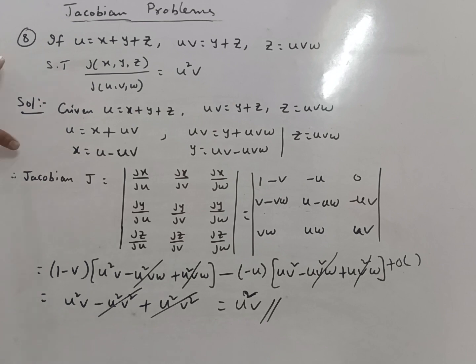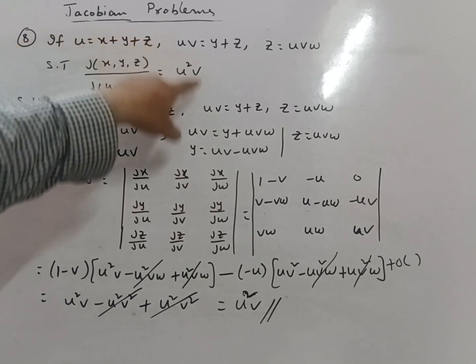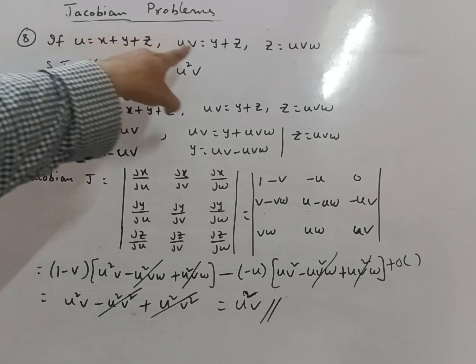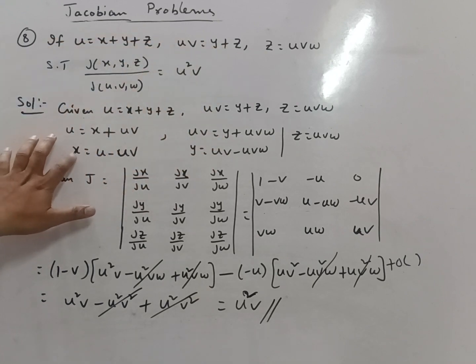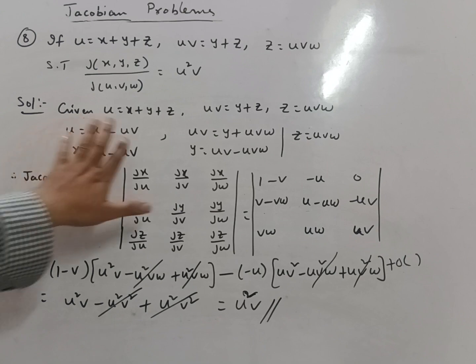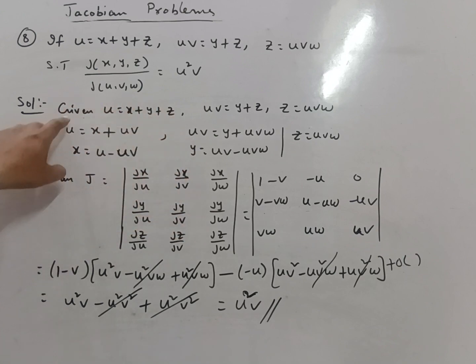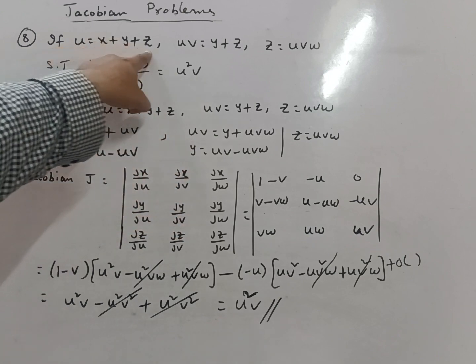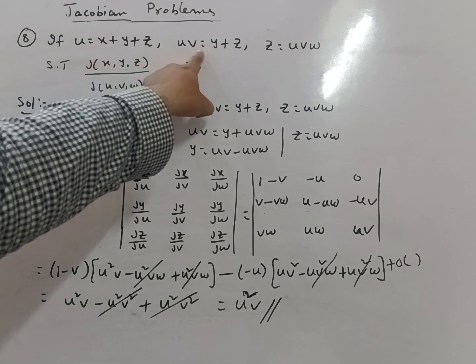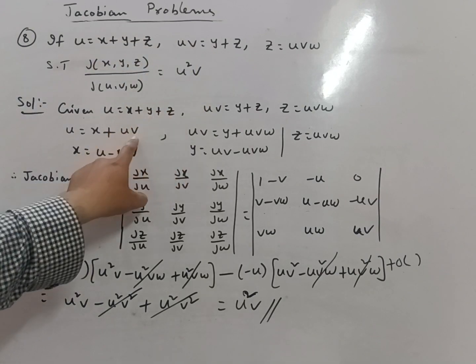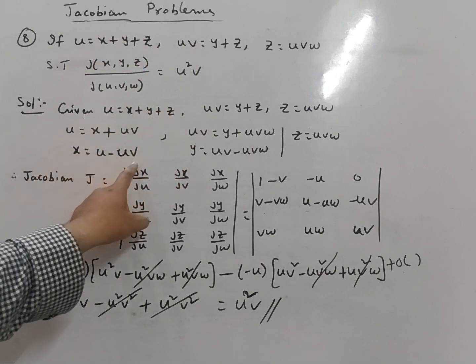Okay, understand here. It is a very important problem. First, we have to convert x, y, z in terms of u, v, w. So u is x plus y plus z. The y plus z value is uv. I substituted here uv and took it to this side: u minus uv.